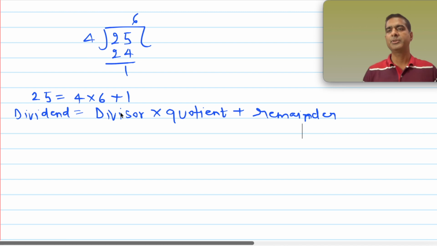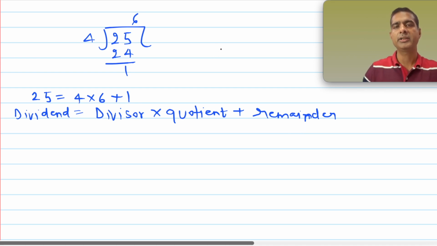The same concept is valid in case of polynomials also, but in case of real numbers, we can compare the values of two given numbers. Like I can say that 1 is less than 4, and we know that when the number is smaller than the divisor, then we cannot divide it further, and that becomes the remainder of that problem. But there is a problem in case of polynomials. I cannot compare the values of two given polynomials.